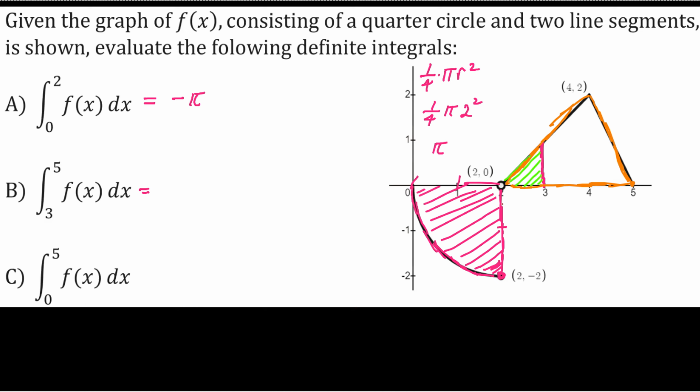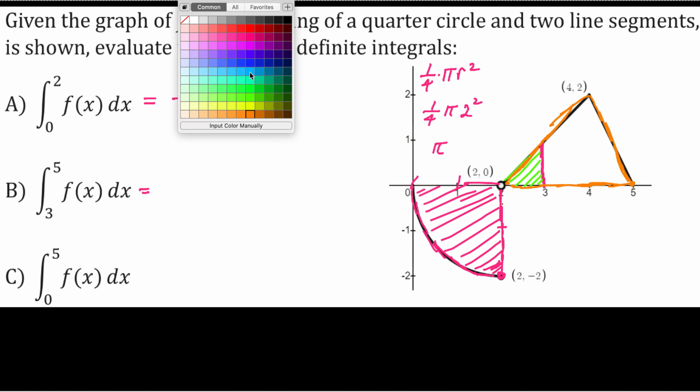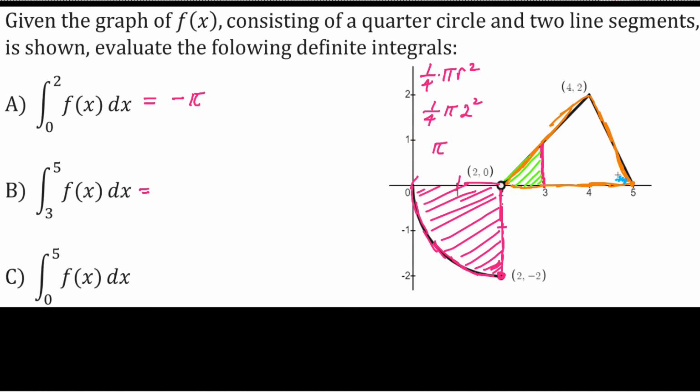So the way that I do that is, I want from 3 to 5. Let's look at that region. So let's just look and see how I'm approaching this. Make sure we can justify the subtraction of areas that I'm doing here. So I want to find that blue region, right? But I should see that the area of the blue region plus the area of the green region is the area of this entire triangle.